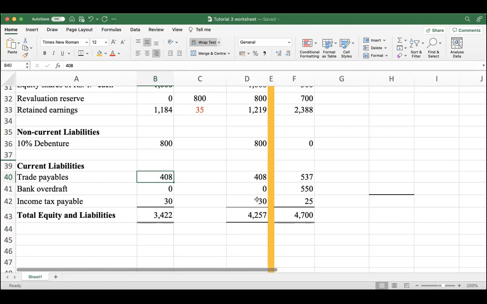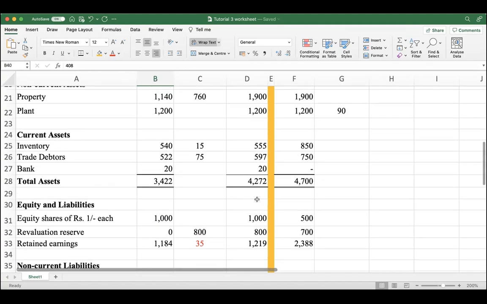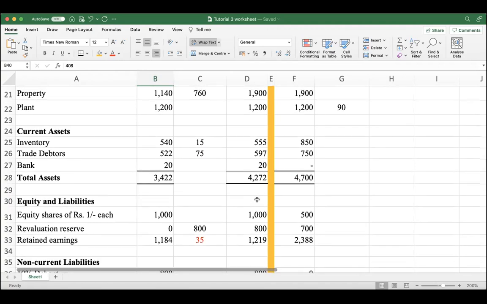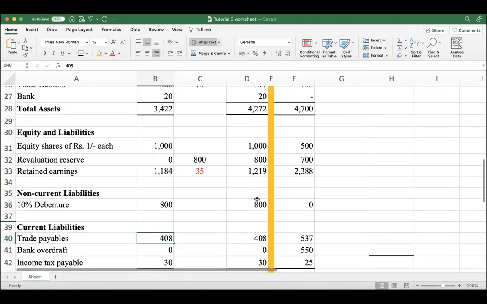So you don't need to worry about this. Our purpose is to make the financial statements suitable for the analysis.